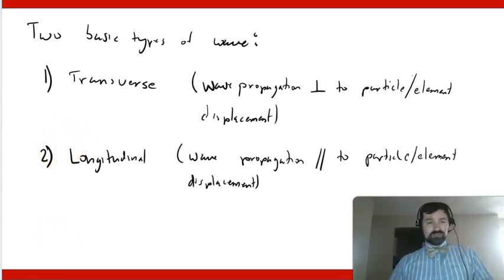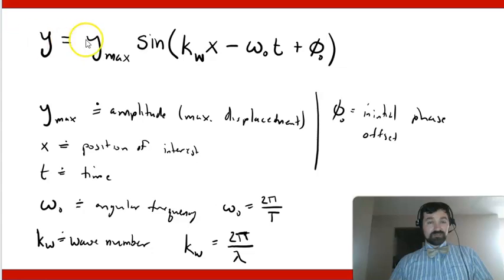So let's return to our equation again, and make sure we understand what each of these parameters means. So y would represent, at any position along the string, how far that element has moved, either above or below, or to the left or to the right if you're talking about a slinky or a sound wave.